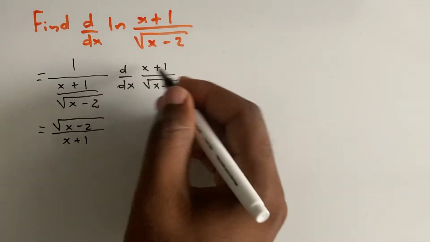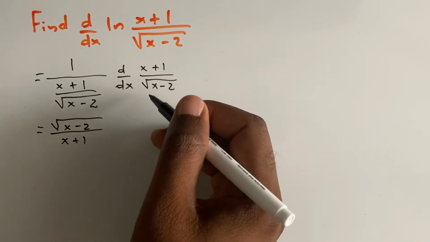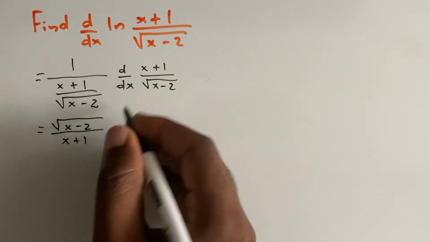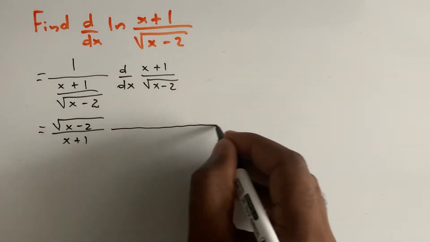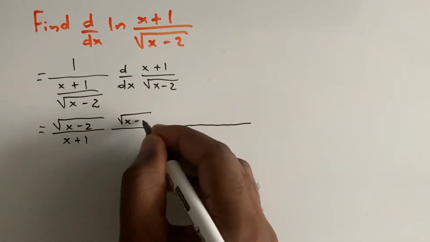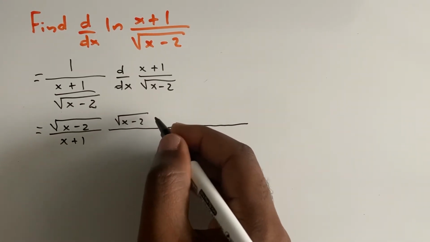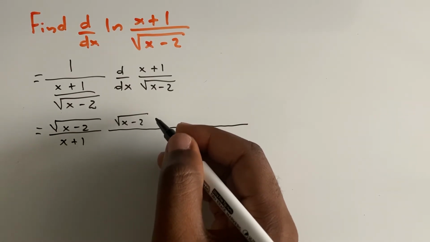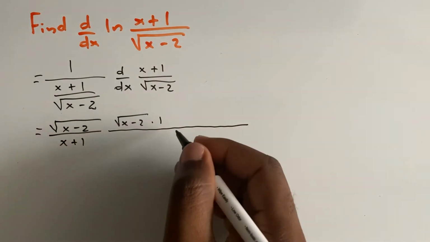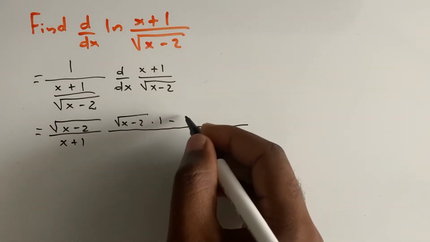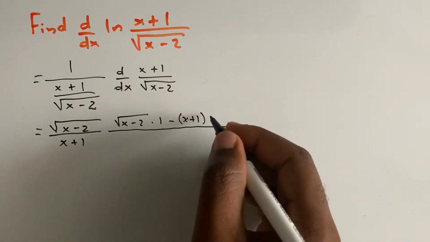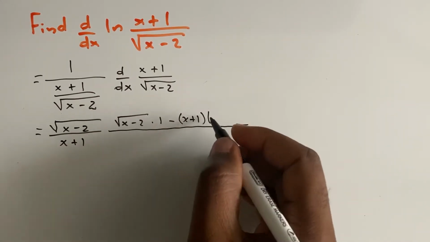Now for the derivative of this, I'm going to use the quotient rule: the bottom, square root of x minus 2, times the derivative of the top, which is 1, minus the top, x plus 1, times the derivative of the bottom.